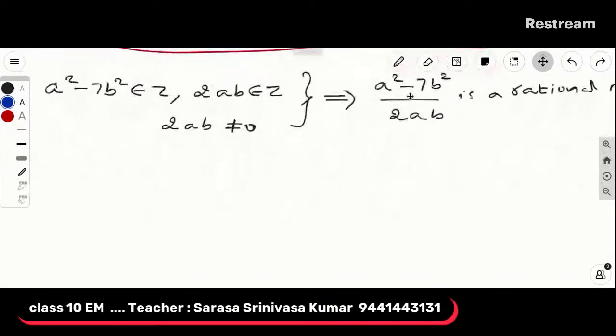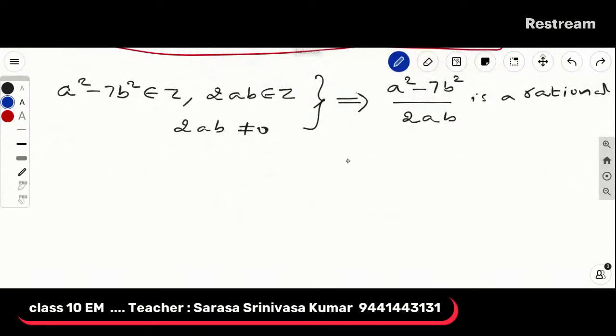So if a square minus 7b square by 2ab is a rational number, then we get that square root of 5 is a rational number.